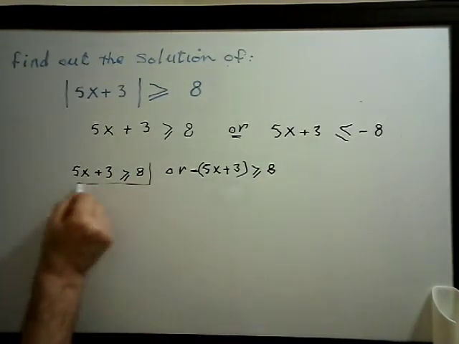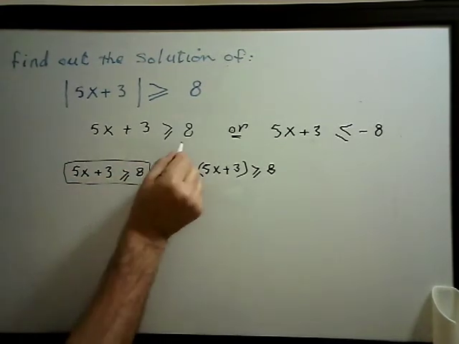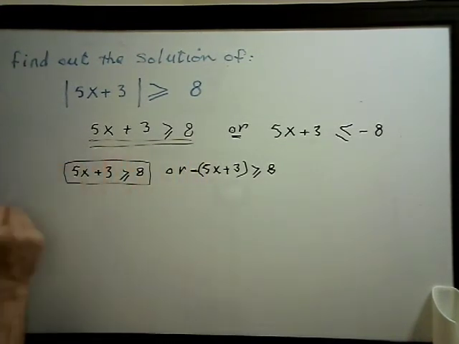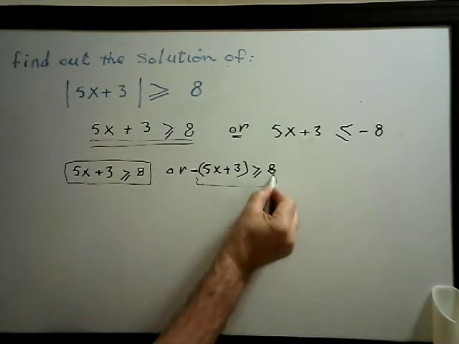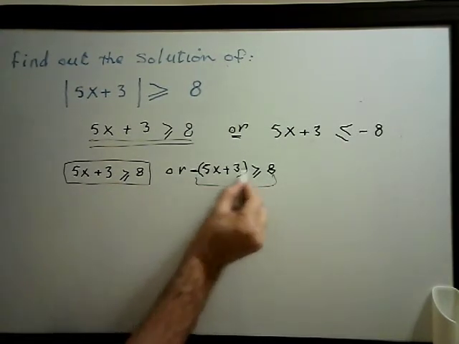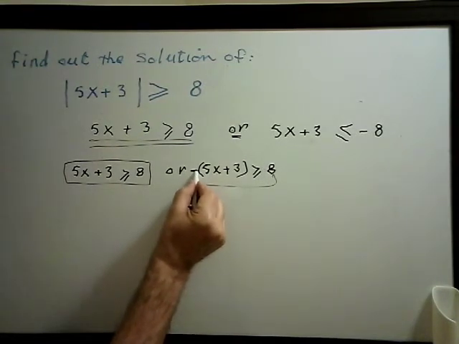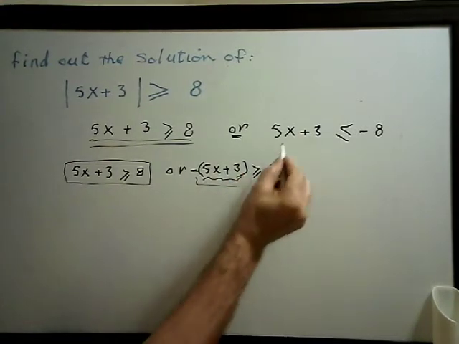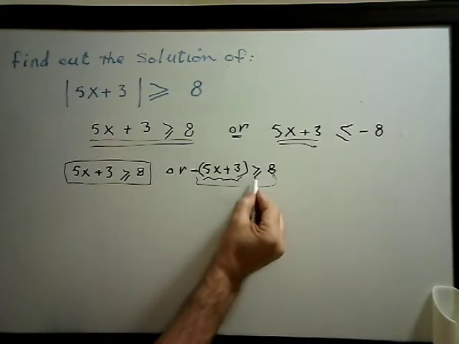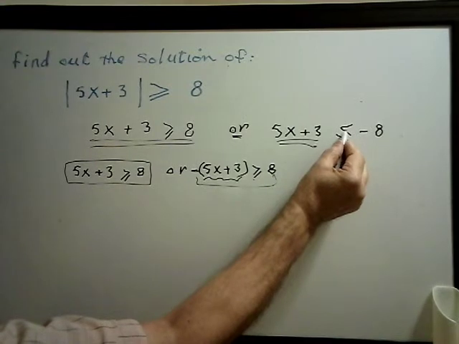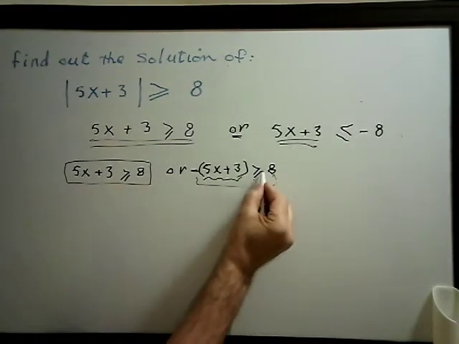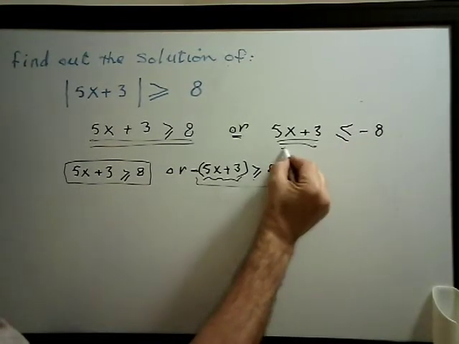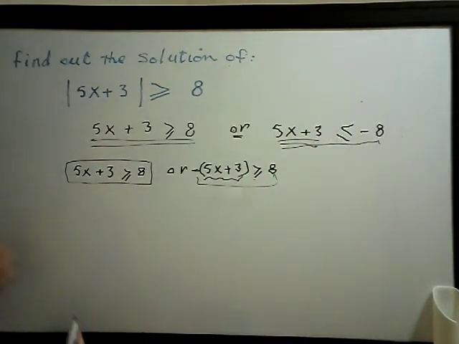This stays without a change, which gives me the first statement. And this will change because multiplying both sides by negative to get rid of this negative will give me 5x plus 3, and this will be changed into less than or equal, and here will be negative 8. So we got the second statement. Okay?